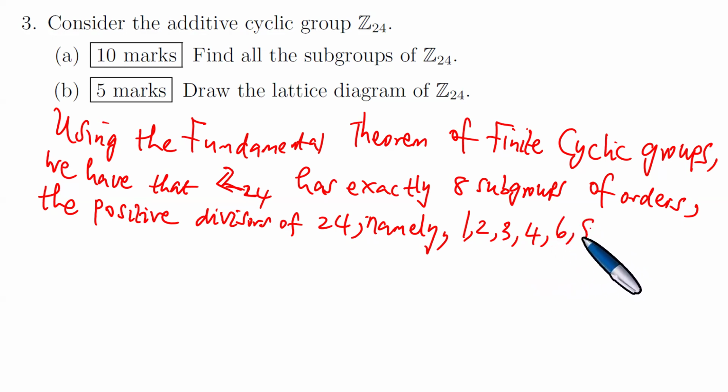The number 8 divides 24. The number 12 divides 24. And the number 24 divides 24. That's 8 divisors.